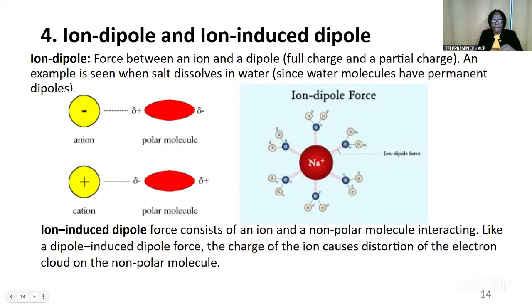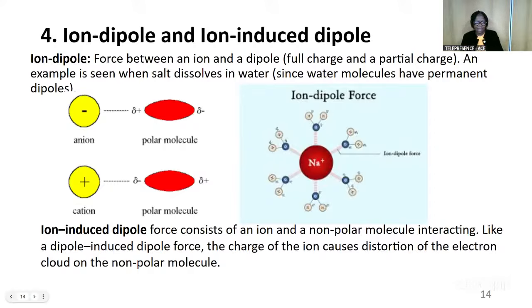So when an ion comes in close contact with a molecule that has a permanent dipole, that is a polar molecule, the kind of attraction that you have, or the attractive forces, is called ion-dipole attraction or ion-dipole attractive forces.